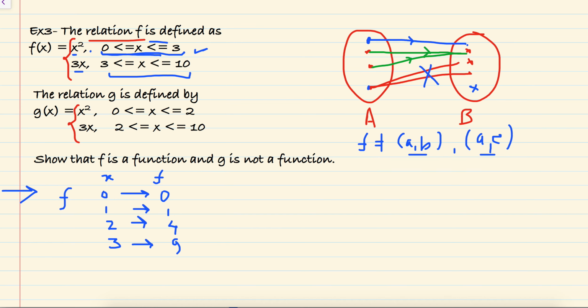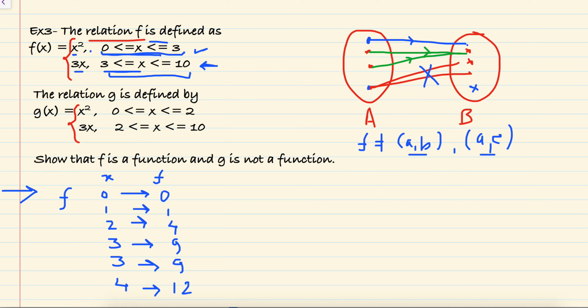But now if x is more than or equal to 3, then we will take this range, this formula. But here also 3 is included in this range. So for 3, it should be 3 times 3, 9. For 4 again 12.